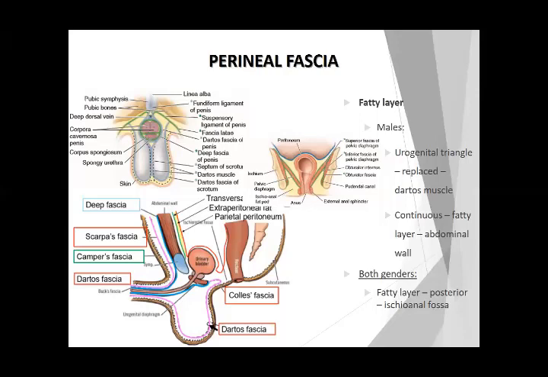So in males, it is replaced by dartos muscle. Follow this, and then it is continuous into the fatty layer of the anterior abdominal wall. Here too, surrounding the scrotum, this yellow is the fatty layer containing the dartos muscle.